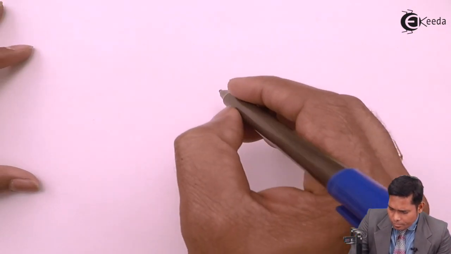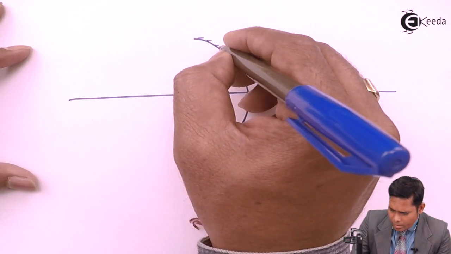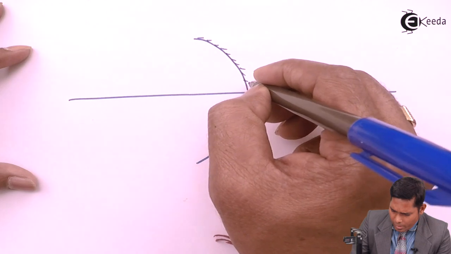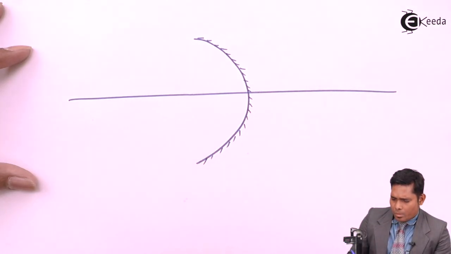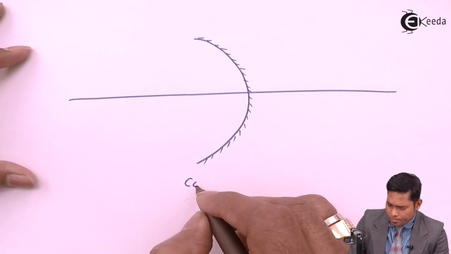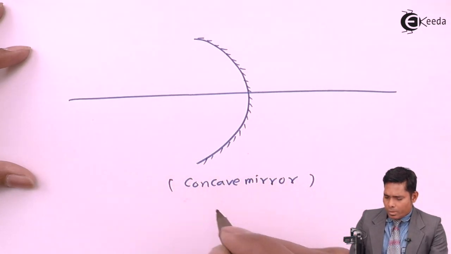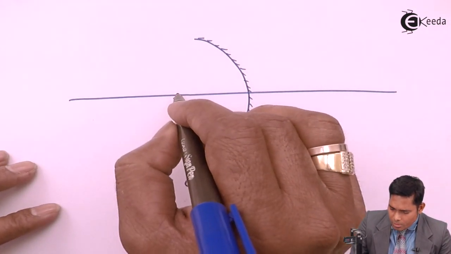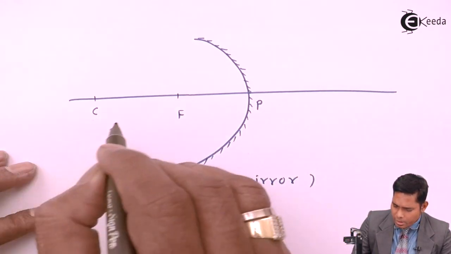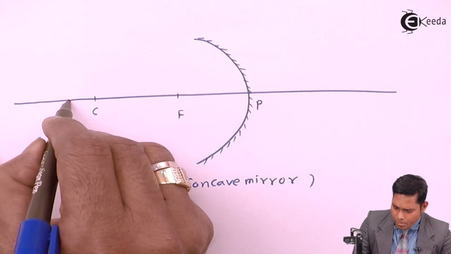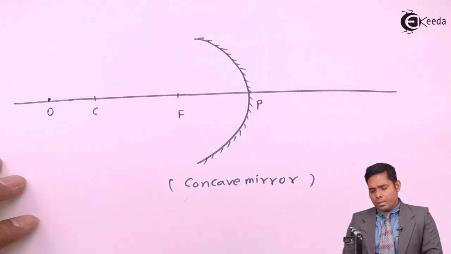So I will consider a concave mirror. Now this is the focus, this point is P, and at equal distance here is the center of curvature. I will consider a point object over here. This is the point object. Now I will see how the image is formed.